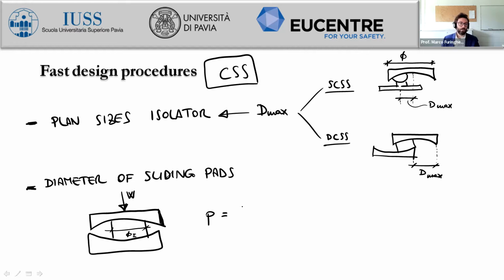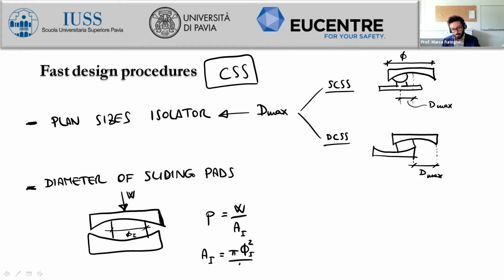But generally, for design, you can consider directly an average contact pressure, constantly smeared on the area of the sliding pad. So it is computed through the ratio between the applied vertical load and the internal area, which is just the area of the circle related to the sliding pad.